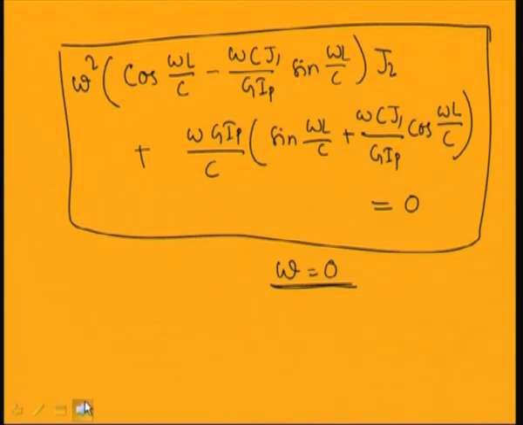But in the other 2 cases you have to take the help of numerical analysis to find the solution of the frequency equations of the system. After finding the frequency equation you can find the mode shapes and normalized mode shapes of the system.